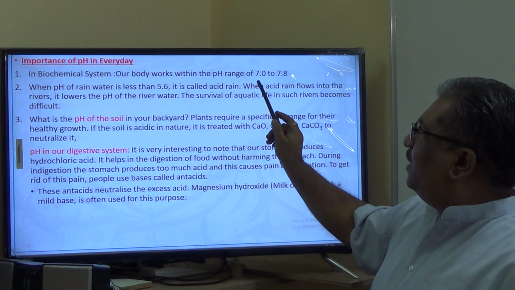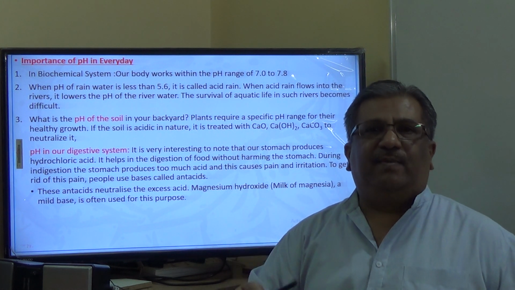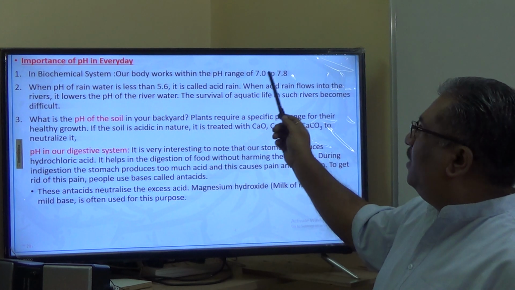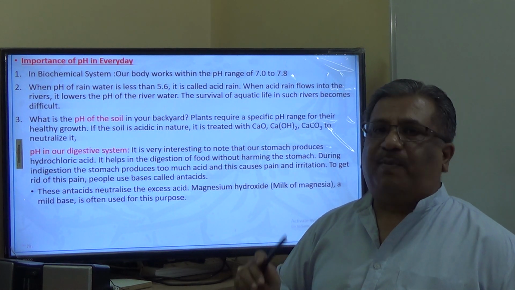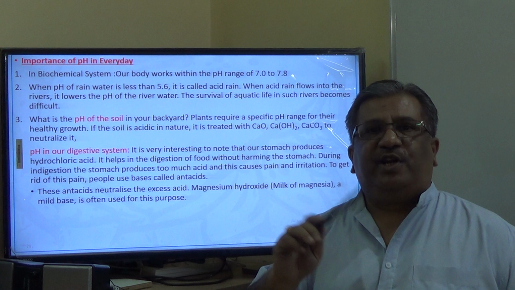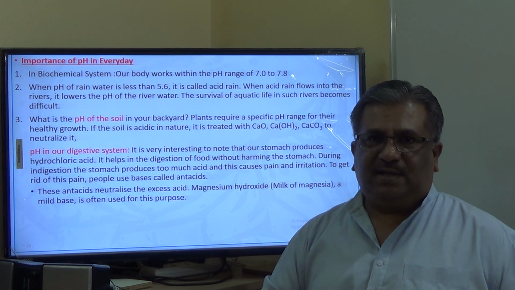Do you find acidic nature over here? No. So our body and most animals should be able to function within a narrow pH range of 7 to 7.8, and therefore if there is a change in the pH, it is a threat for our life, isn't it?